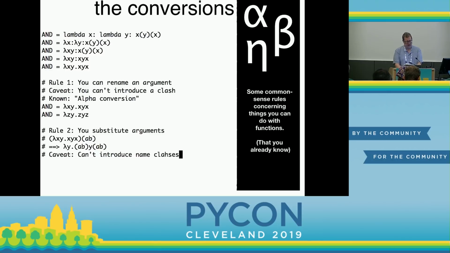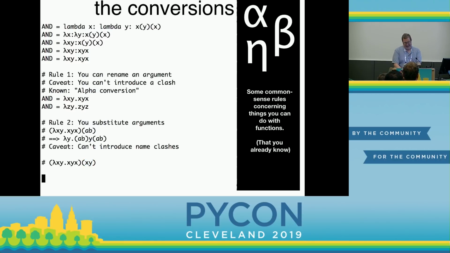Here's a weird example. Let's say you had lambda xy, xyx, and then you decided to pass in xy into that. This is really mind-bending because, is that xy the same as the xy in the function? Let me give you a Python example of this.